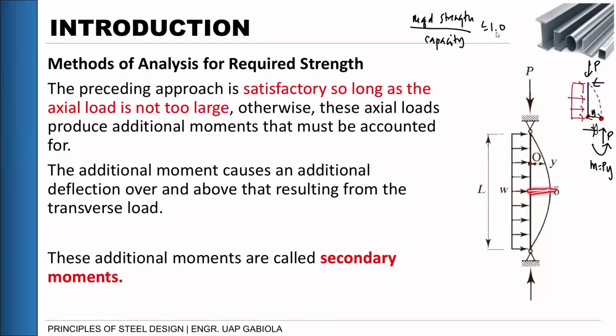And kapag ganyan yung nangyari, we exhibit yung tinatawag natin P delta na moment or additional moment doon sa ating section. So P delta or P small delta is being observed when our section is localized. Ano, ba, titingnan natin yung local member natin. Okay? So, these are called secondary moments.